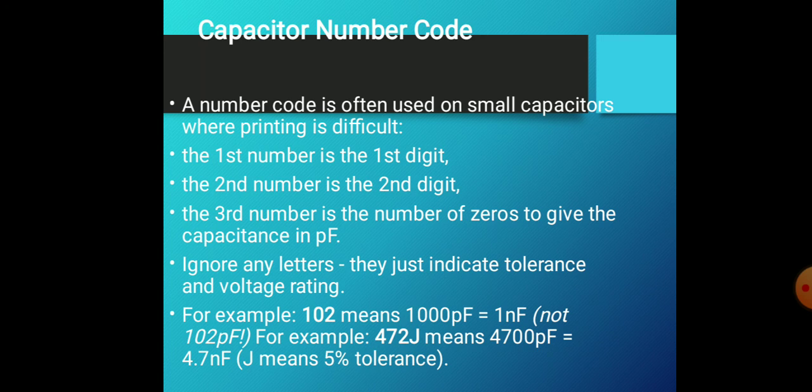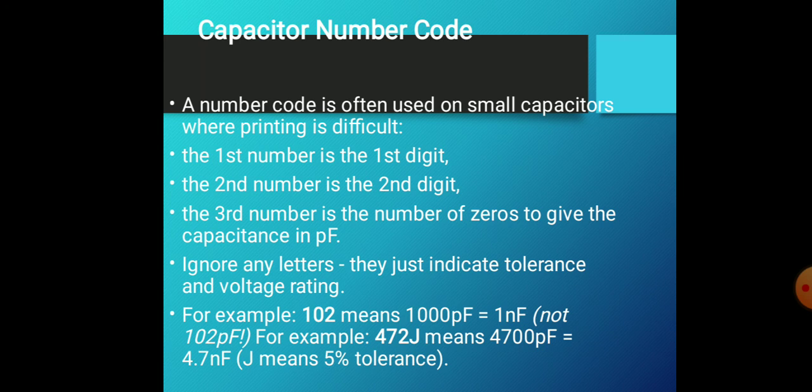Okay, so ignore any letters, they just indicate tolerance and voltage ratings. If there's a letter before the number or after the number, ignore them. They are not part of what you're going to decode for the capacitance.